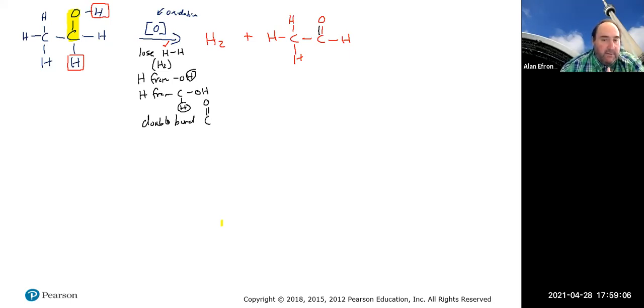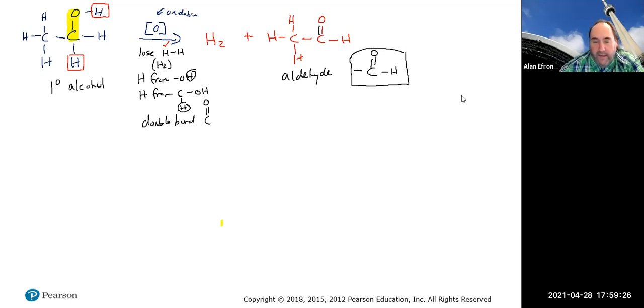Everything else should basically remain the same. Now, what do we go from? We go from a primary alcohol to what is known as an aldehyde. An aldehyde is another organic chemistry group that we'll talk about later in this chapter, but it has the functional group of a carbon-oxygen double bond with a hydrogen, and that is what we see here at the end. That is this group right here.